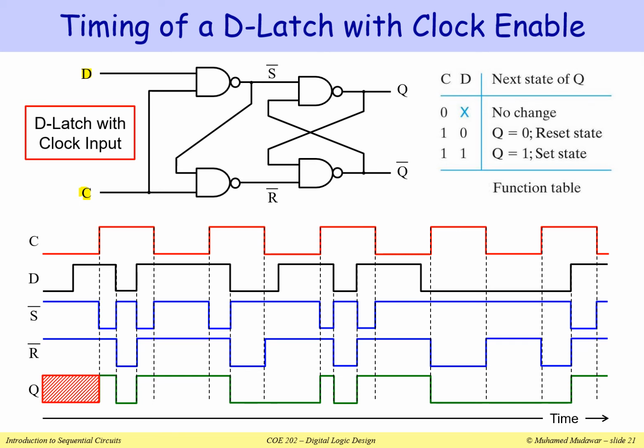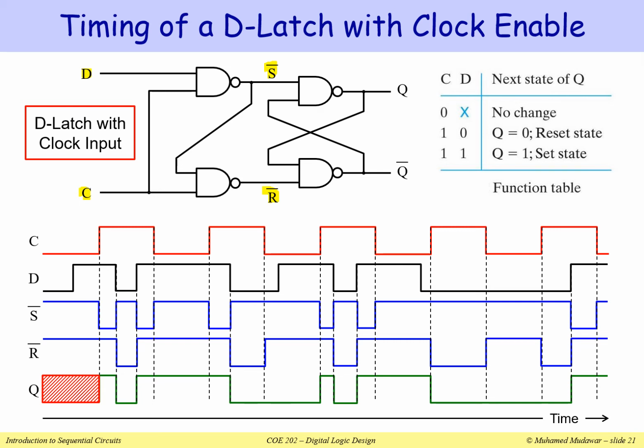The S bar and the R bar are the outputs of the first two NAND gates. I'm going to show S bar and R bar first, and then I'll talk about the Q. Or we can jump from D to Q without going into S bar and R bar.